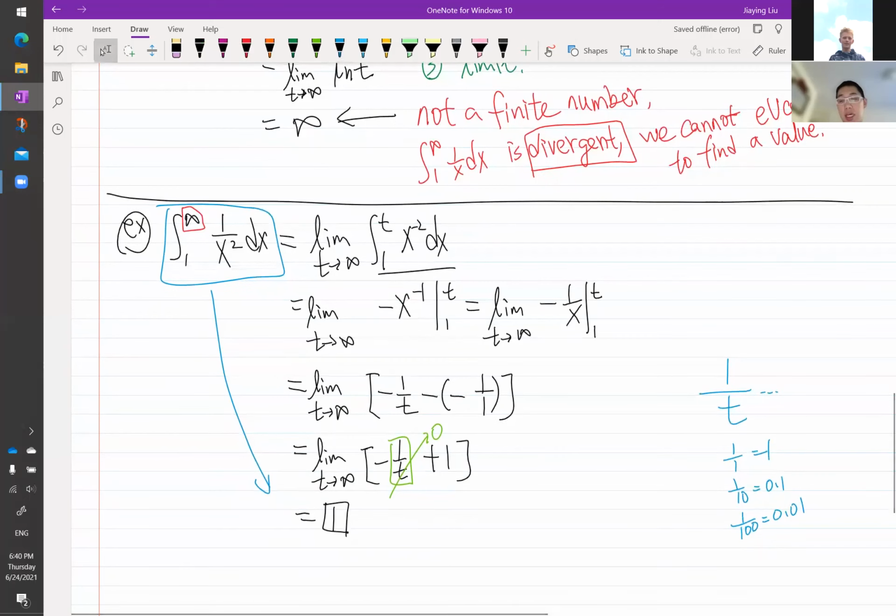As the denominator gets bigger, the value is so small that it's approaching 0. That's why we talk about limits, approaching 0. So I draw an arrow going to 0, which means it's approaching 0, not equal to 0. If the -1 over t goes to 0, then we just end up with 1 left.